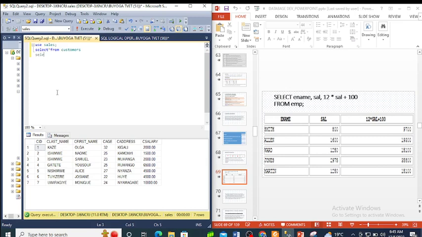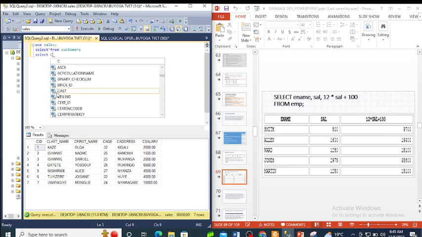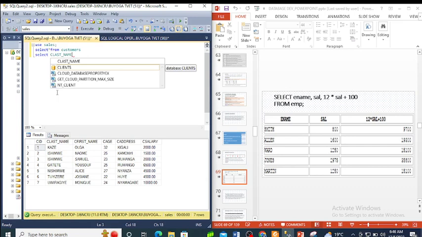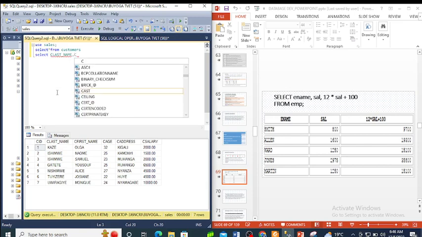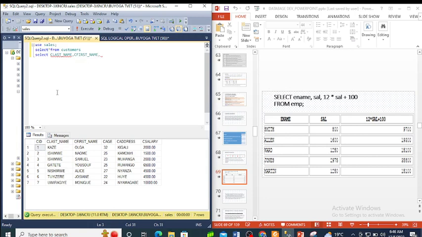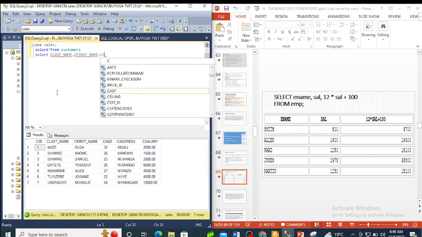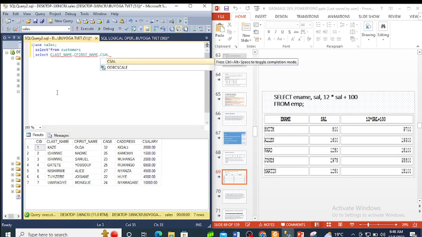Select C last name, then C first name, C salary, from.